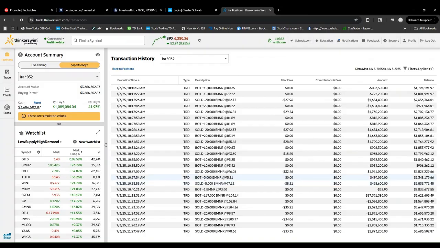Here I just bought only 5,000 shares at 95.81, and about a minute later I'm out at 97. It's a smaller size, so this would have been a smaller gain, a little less than $1.50.